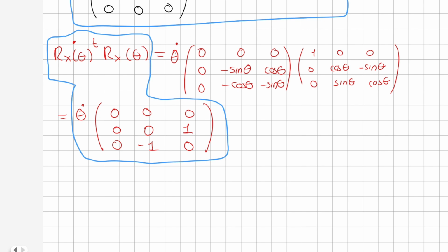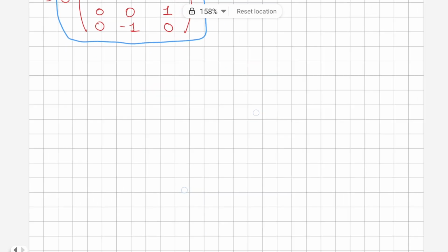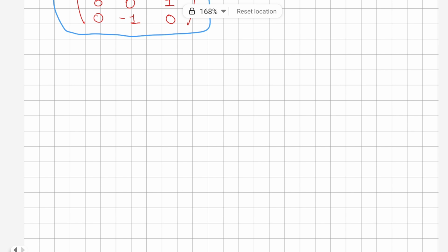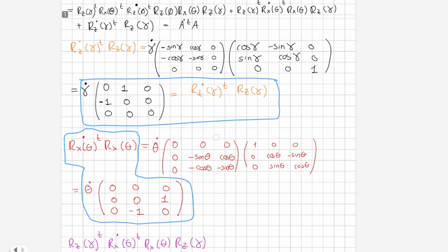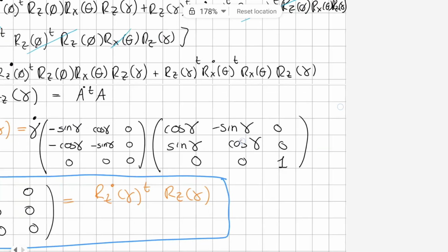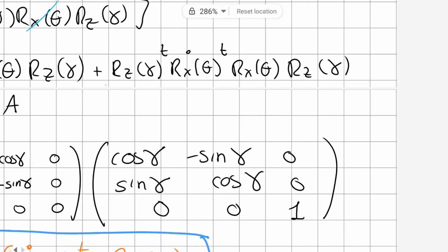So let me switch the color again. Now we are going to calculate the next. It will be Rz of gamma transpose Rx dot theta transpose Rx theta Rz gamma. Why are we calculating this? Well, because that is what we need to calculate.